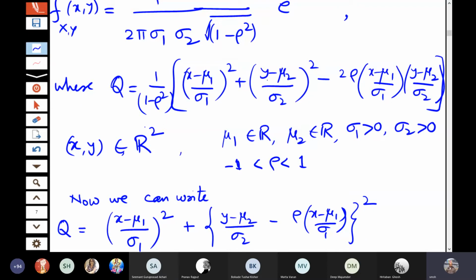Then the remaining terms make a perfect square, that is y minus mu2 by sigma 2 square minus 2 rho x minus mu1 by sigma 1 into y minus mu2 by sigma 2 plus rho square x minus mu1 by sigma 1 square. So it becomes a perfect square. So you get this term. Is that okay? Yes, sir.